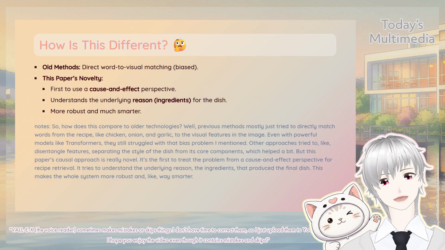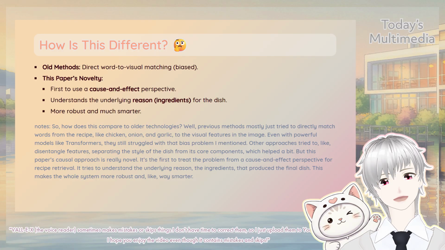So, how does this compare to older technologies? Well, previous methods mostly just tried to directly match words from the recipe, like chicken, onion, and garlic, to the visual features in the image. Even with powerful models like transformers, they still struggled with that bias problem I mentioned. Other approaches tried to disentangle features, separating the style of the dish from its core components, which helped a bit.